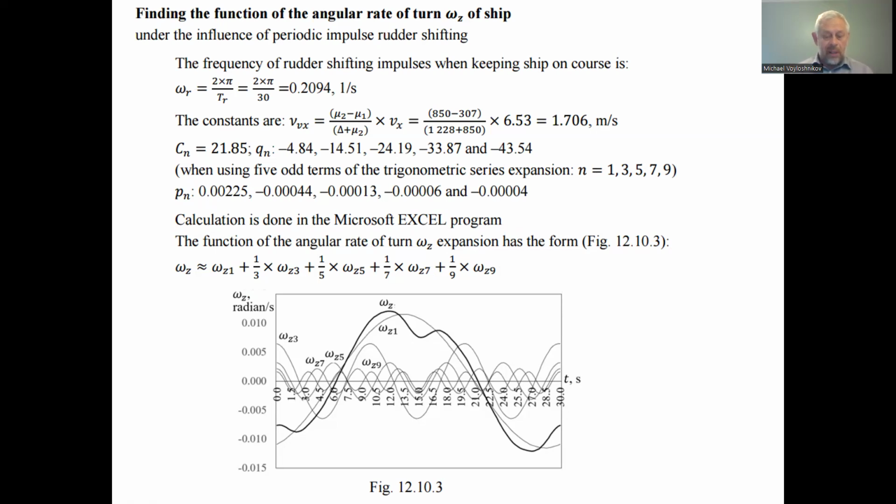To determine the diagram, for example, this diagram of angular velocity, we substitute the angular velocity by the expansion into the trigonometric Fourier series with definite factors for each sum.